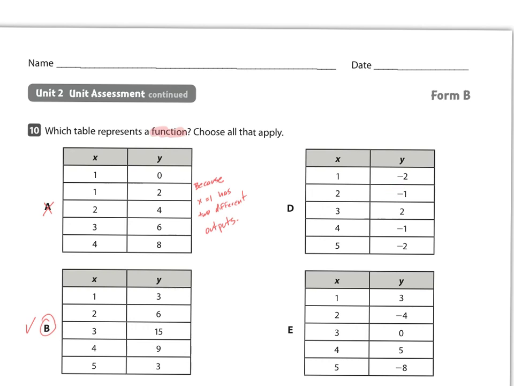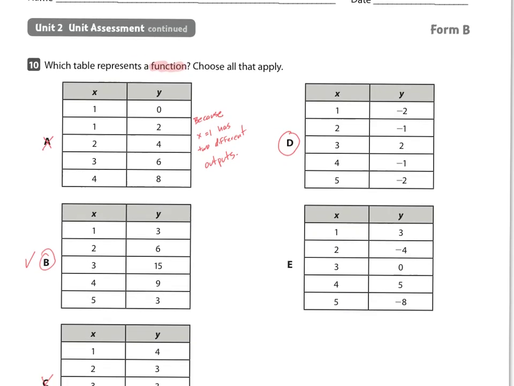You have a -1 here and a -1 here. Now, the Y values, they can all repeat. That won't change a thing. So the only ones that we care about is that your X values don't repeat. So this is going to be a function because the X values have only one output.